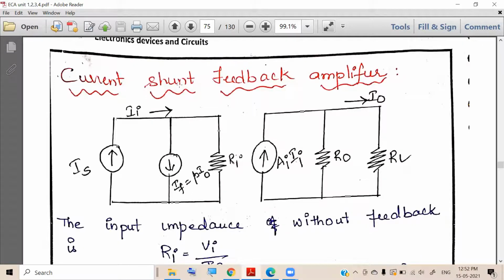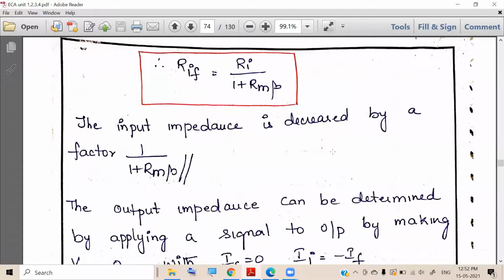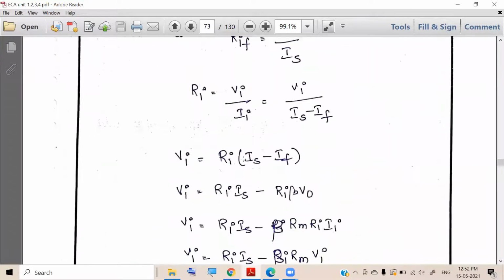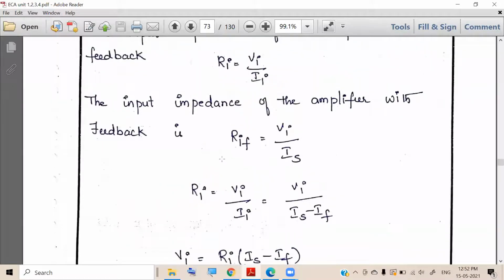So output resistance increases. Input resistance, shunt, decreases. Input resistance decreases, output resistance increases.